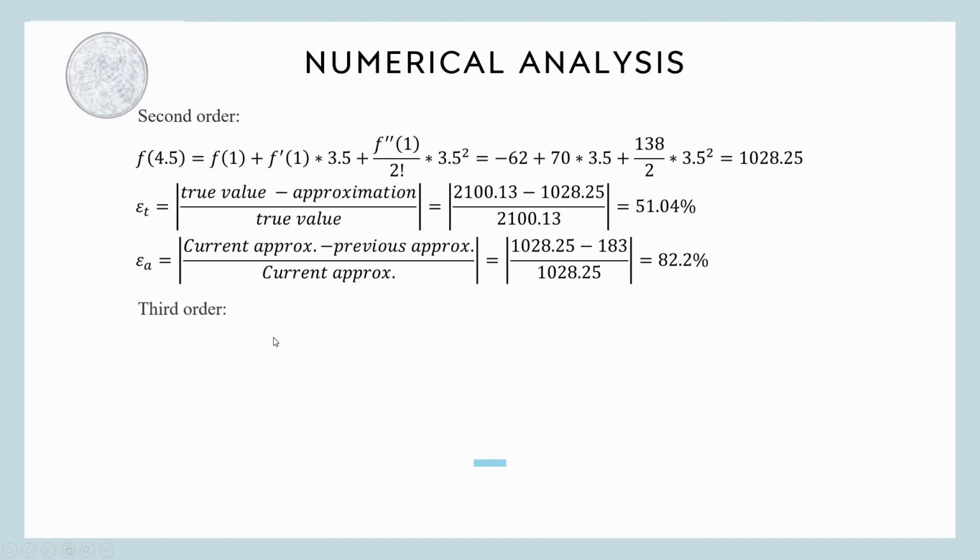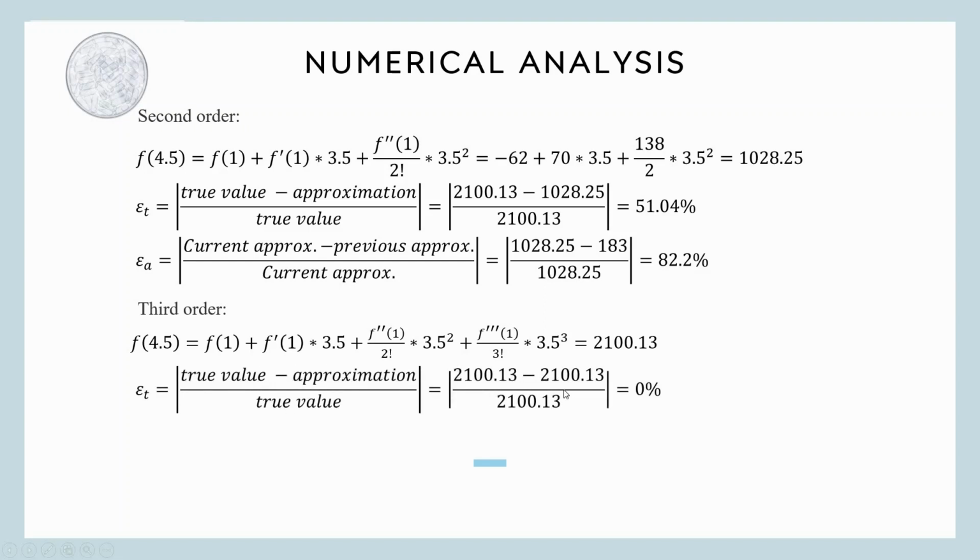And for the third order, we keep four terms: 1, 2, 3, 4. Plug in all the values, and we get 2100.13.